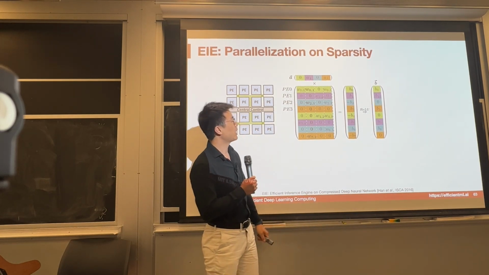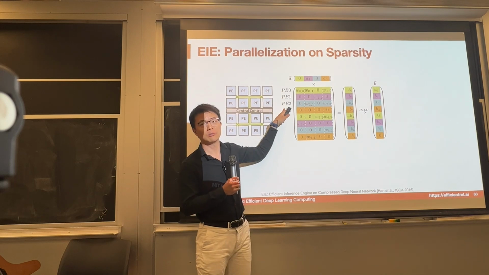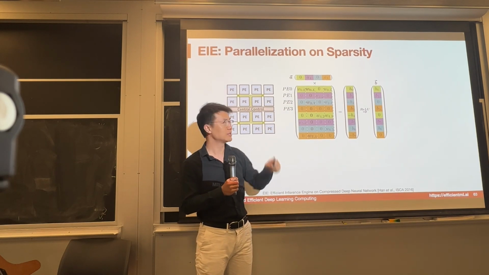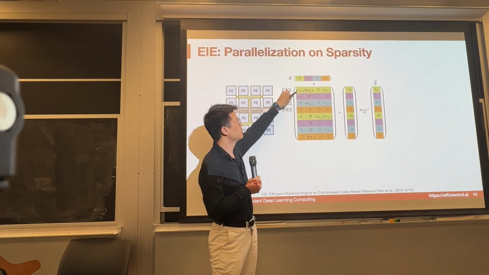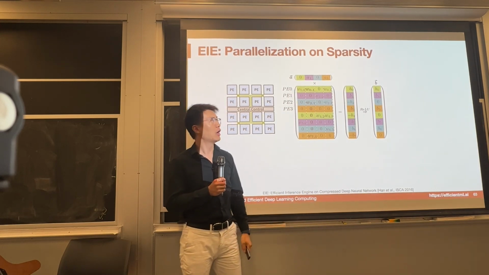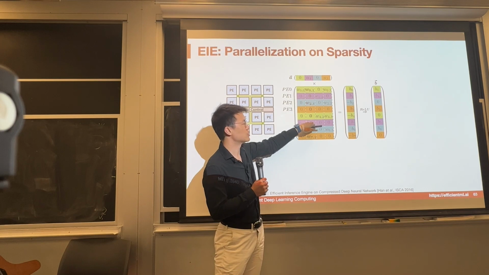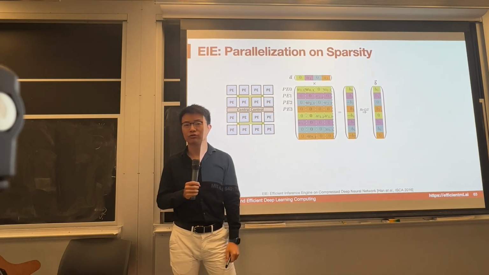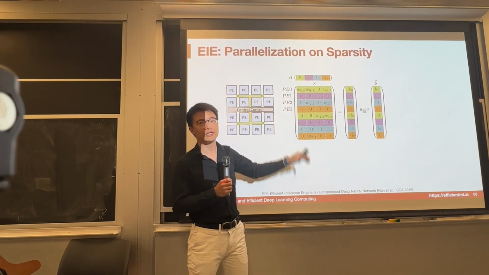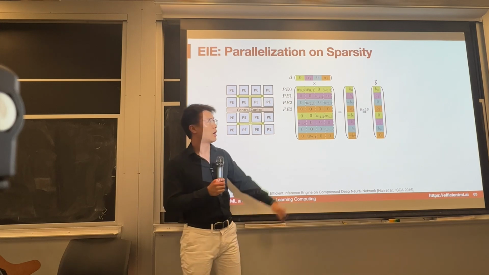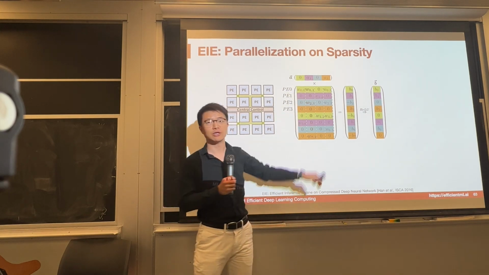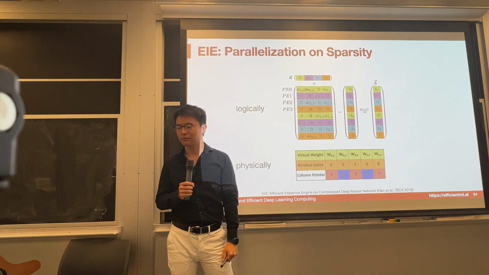Here we parallelize across 4 processing elements, short for PE. PE0 is responsible for these green rows, and PE1 is responsible for these purple rows. These 4 PEs work in parallel to calculate this vector-matrix multiplication.